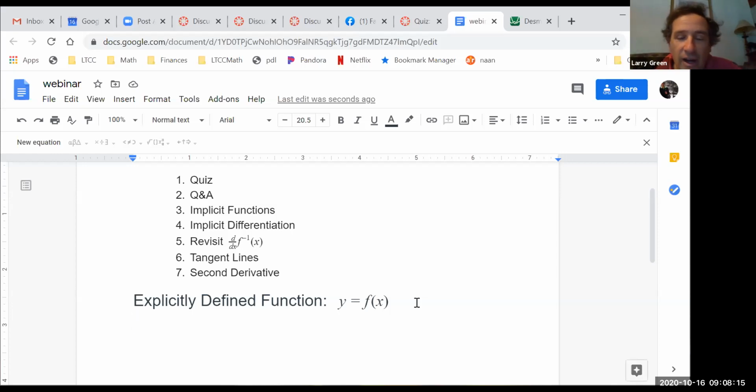Turns out not all functions can even be defined explicitly. So let me give you an example, and then we'll define it, of an implicitly defined function.